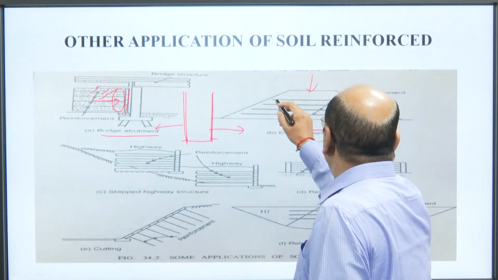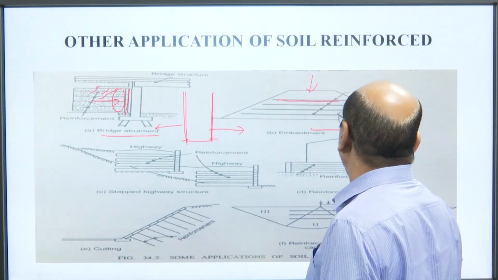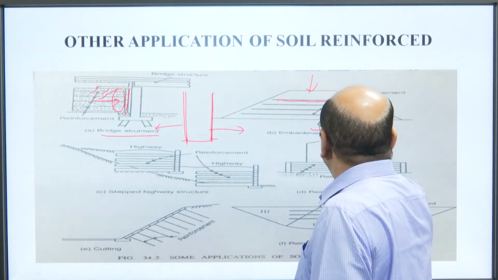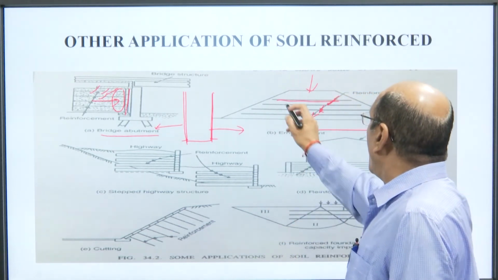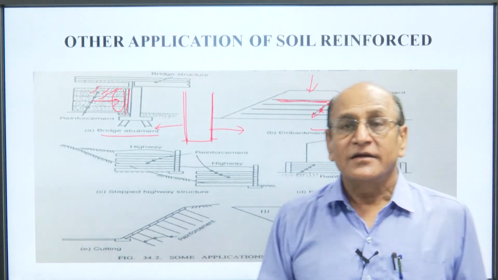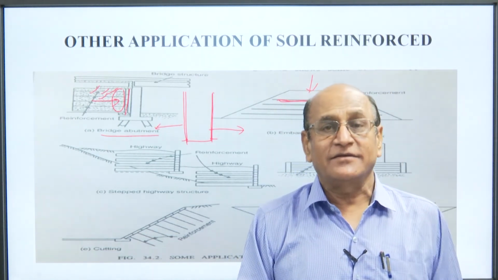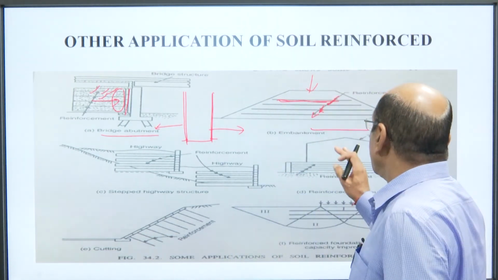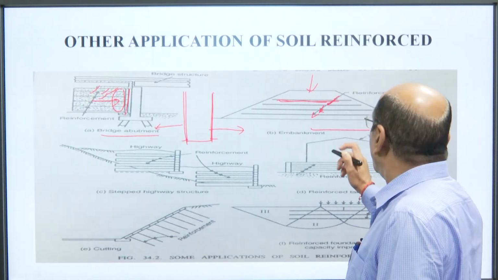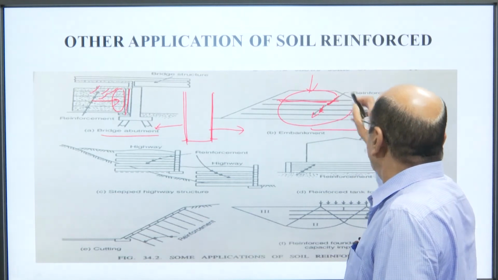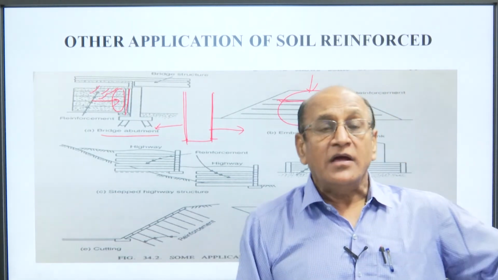But if you provide reinforcing elements at different intervals like this, then the stresses will be borne by the reinforcing elements, and so deformation could not occur in these areas. The load is transferred to some other areas.